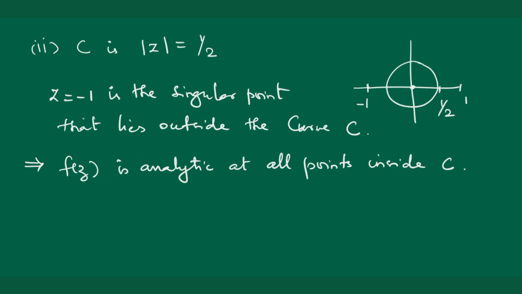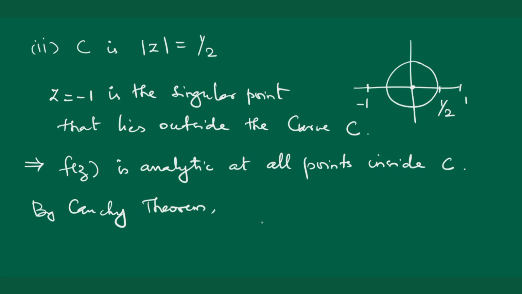Because z equal to minus 1 is the only singular point we have. That point also lies outside, which means that the function will be analytic at all points inside because there is no singular point inside the curve C. So here we have to apply Cauchy theorem.